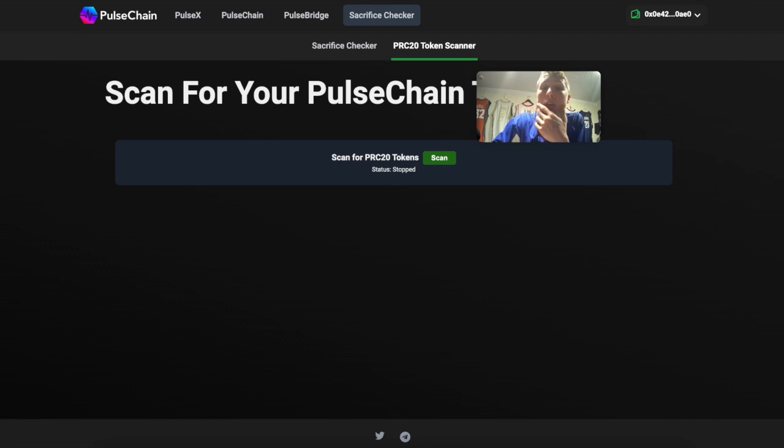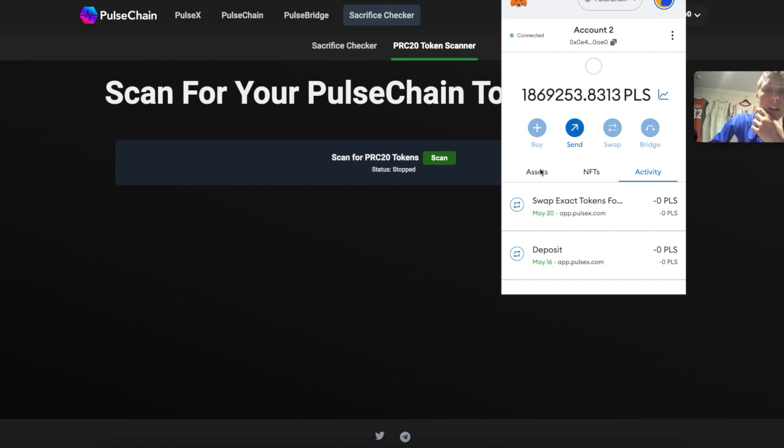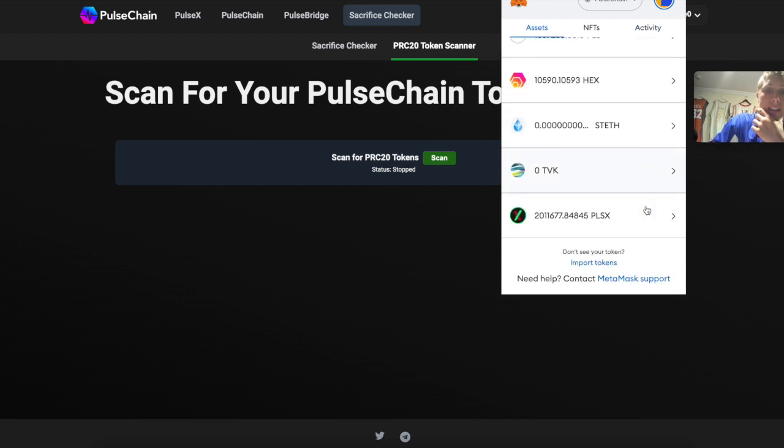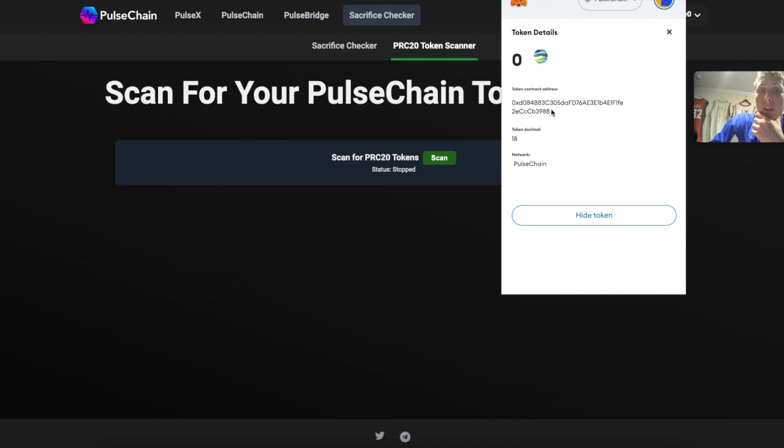Now, once these tokens are in my MetaMask, you can go ahead and open it up and take a look at the different assets that you have, and you can select them. Say, for example, the TVK that I have, I want to go ahead and sell this. Well, I click on the TVK token and I go to view asset and explore if I want to go to the explorer to get the contract address, or I can go to the token details.